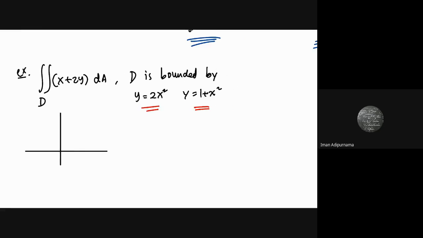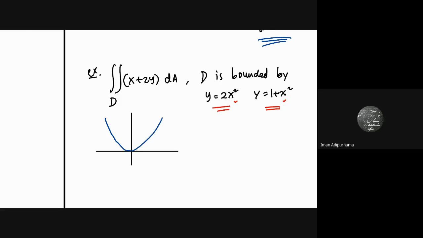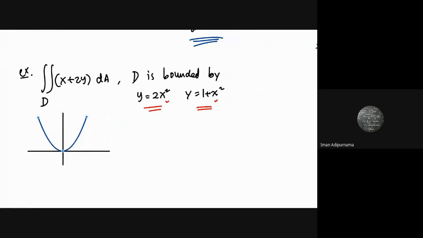We only have these two, right? Meaning it's just parabolas. The first parabola is just y equals 2x squared. Okay, probably that is our parabola. The second one is a parabola too, but it's 1 plus x squared.